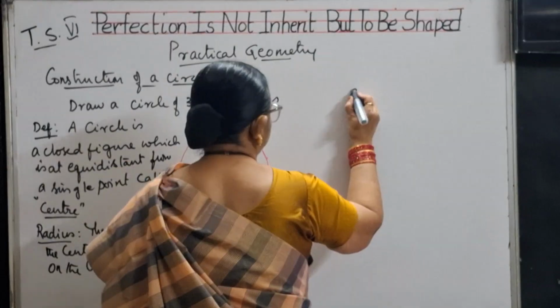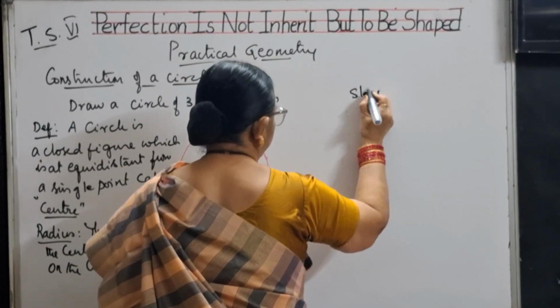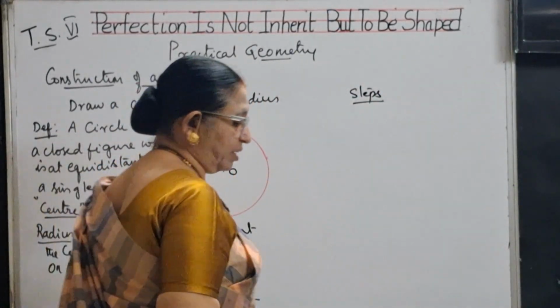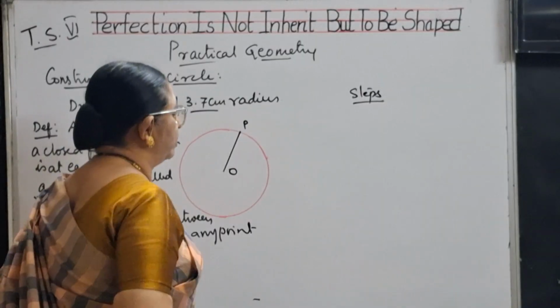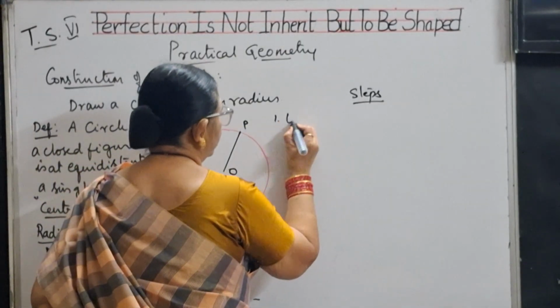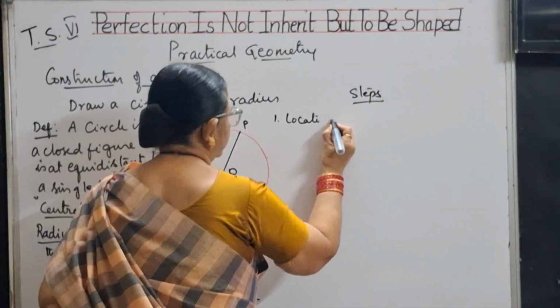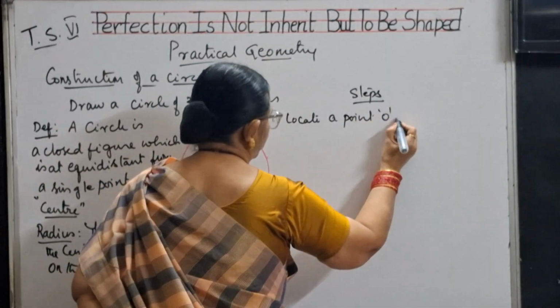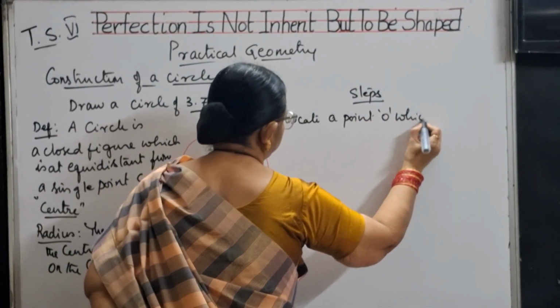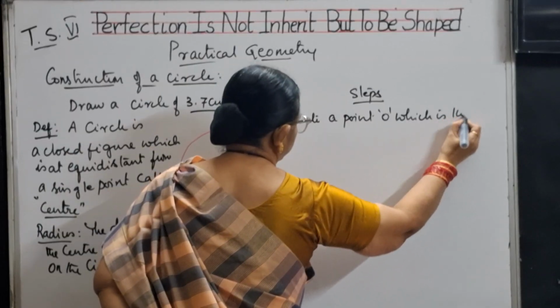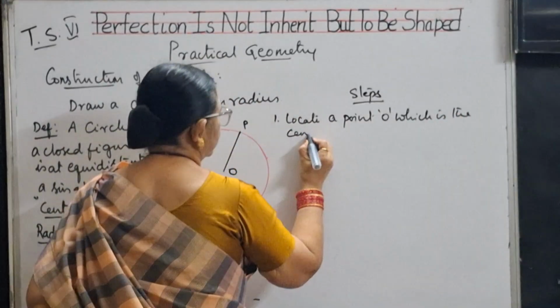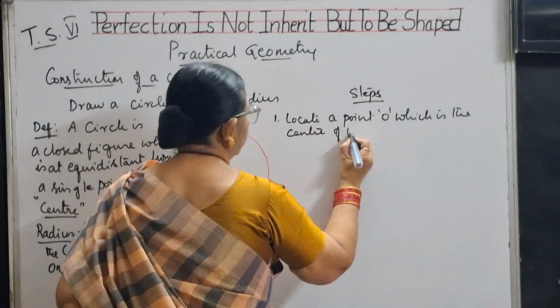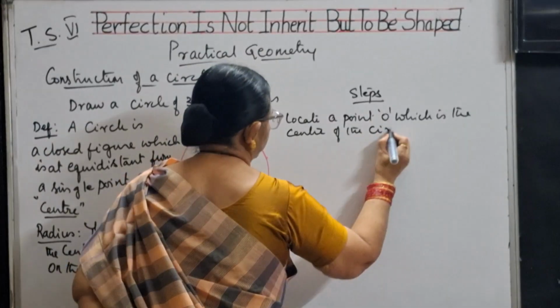Let me write the steps of the circle, how it has to be constructed. What you need to do is, first point, locate a point O, which is the center of the circle.